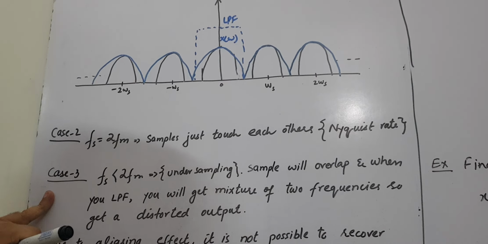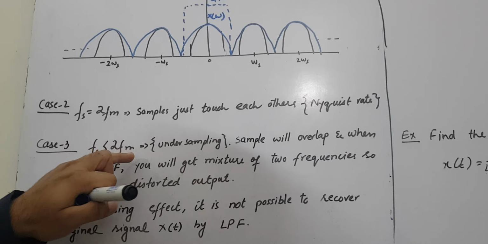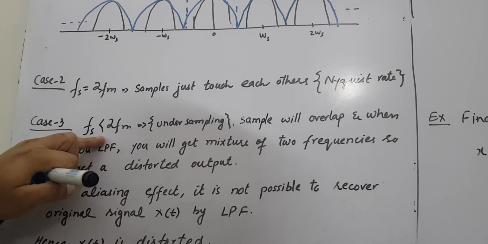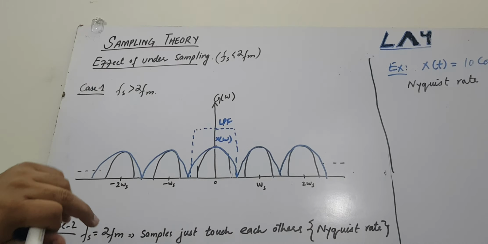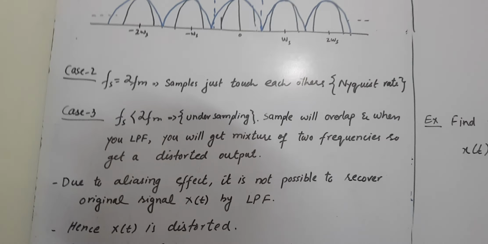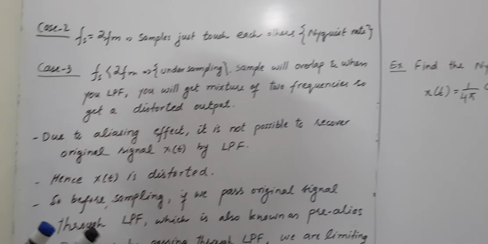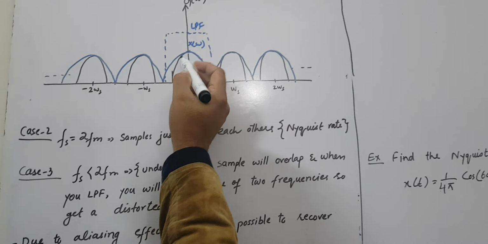The third case is when your sampling frequency is less than twice Fm. This is undersampling, which is also known as the aliasing effect. If this happens, your samples start to overlap.